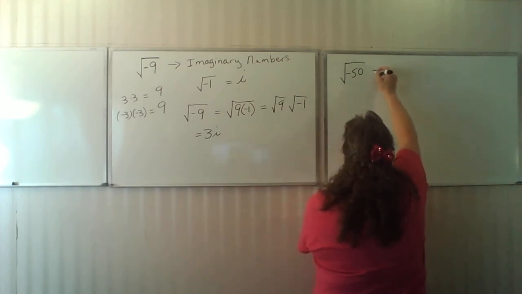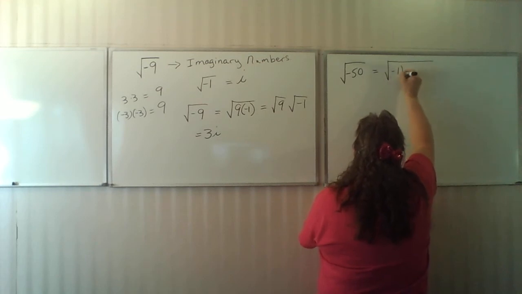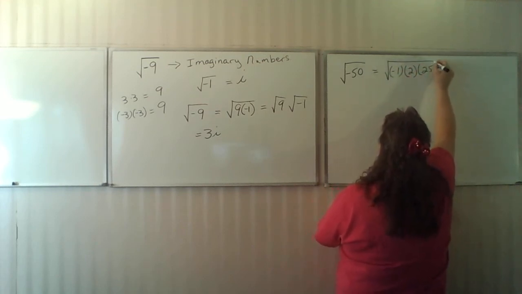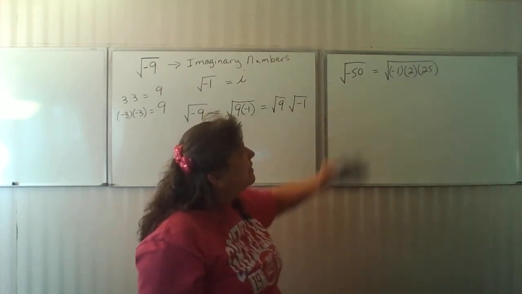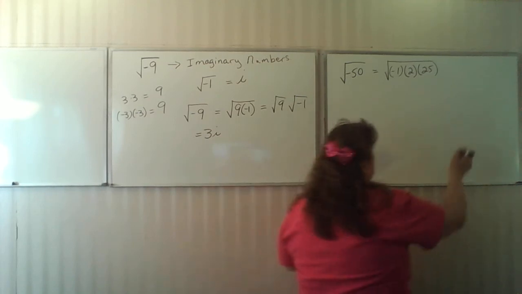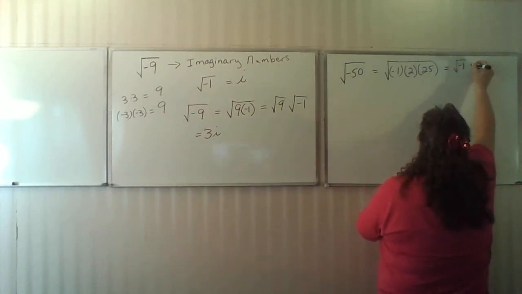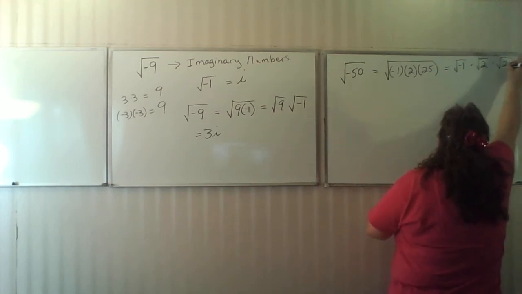Again, this is going to equal the square root of negative 1 times 2 times 25, because I want to break up 50 into 2 times 25, all times a negative 1. This is going to give you the square root of negative 1 times the square root of 2 times the square root of 25.